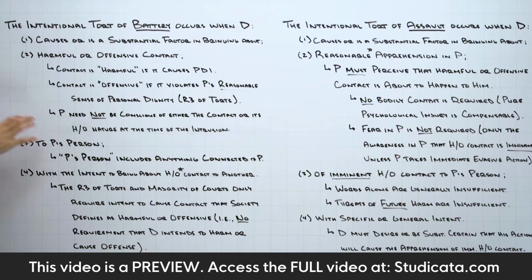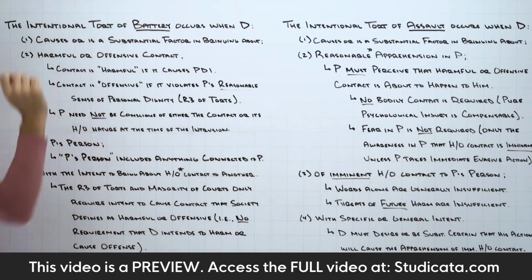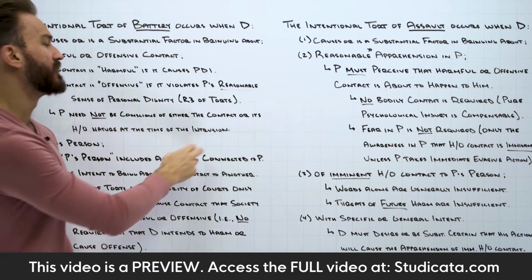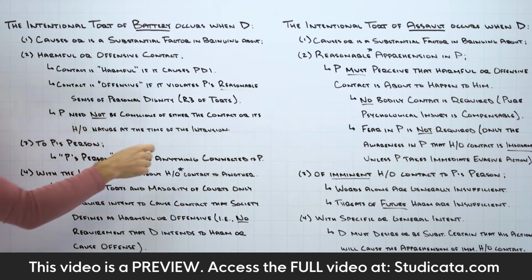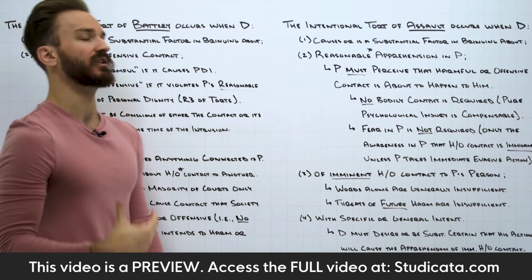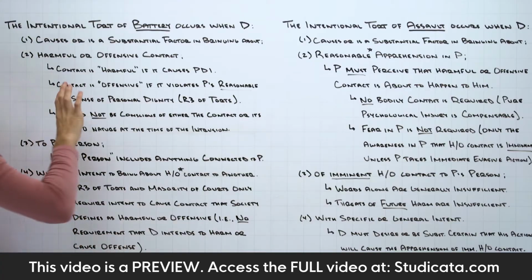Another important note to make here when we're thinking about harmful and offensive contact in terms of the intentional tort of battery is that the plaintiff need not be conscious of either the contact or its harmful or offensive nature at the time of the intrusion. So this is a huge difference from assault.